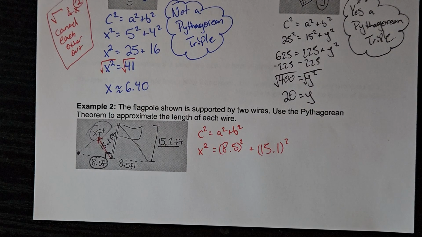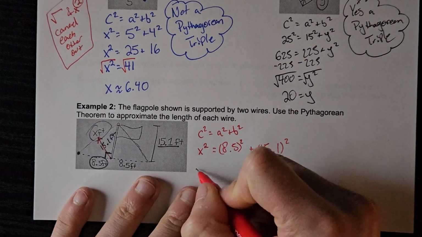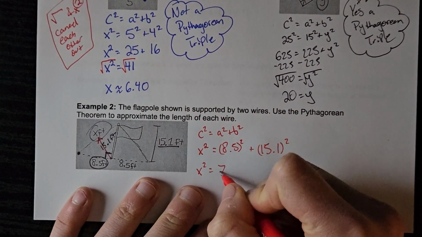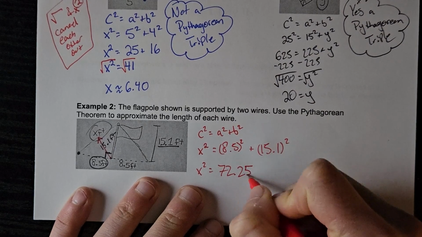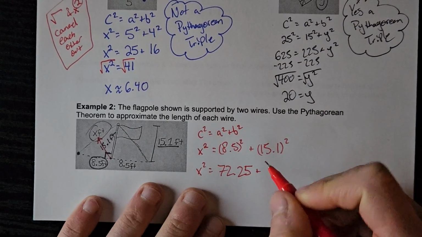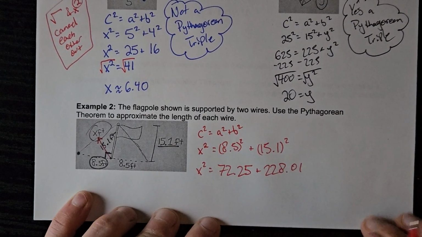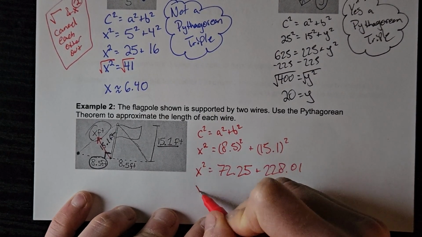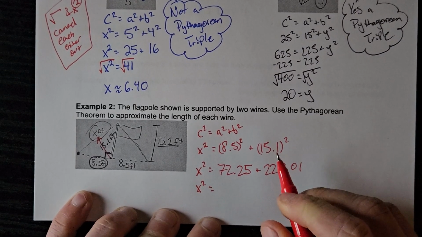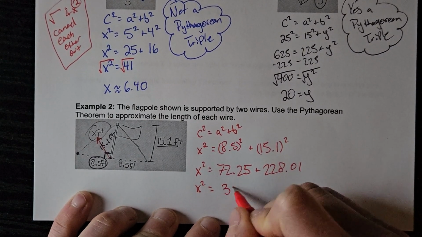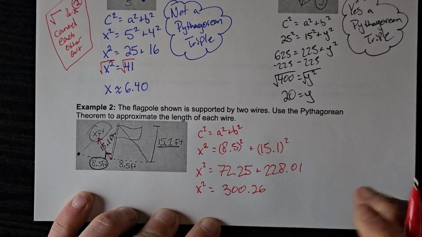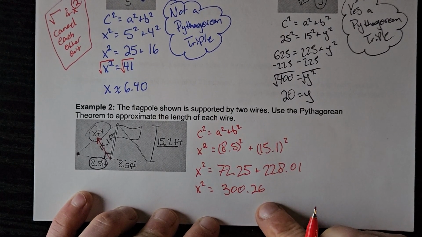Now, if I square these out, I will have x squared is equal to 72.25 plus 228.01. Adding those together, that will be 300.26.